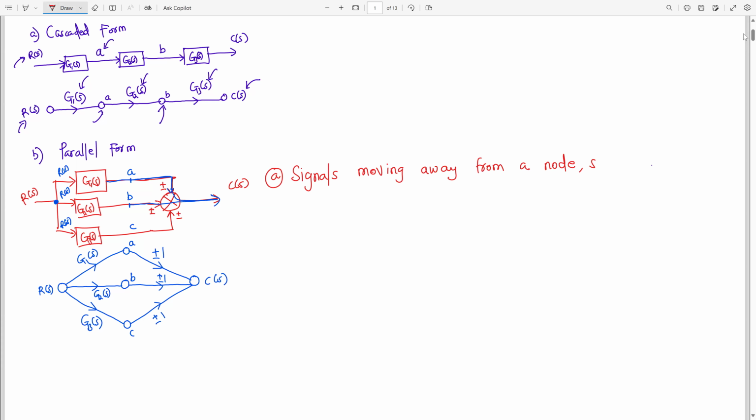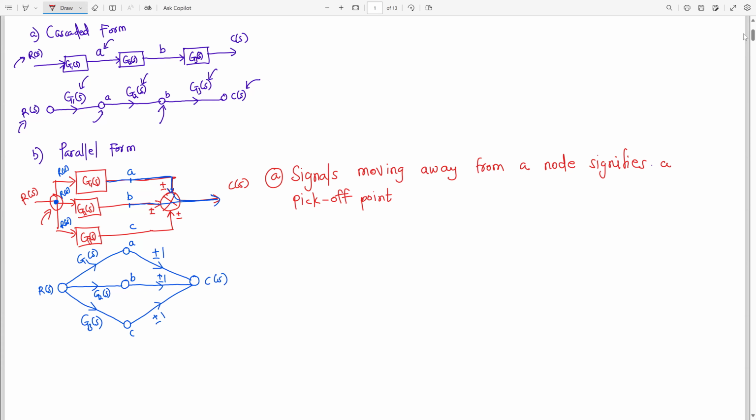Signals moving away from a node signifies a pickup point, right? And it makes sense here. So you have this node right here, and then you have these signals moving away from it. So this node here signifies that there is going to be a pickup point, which we have seen here, right?